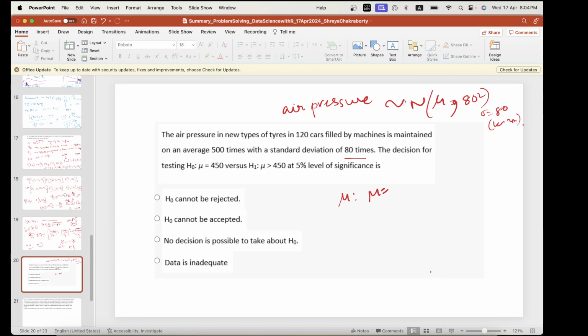No, no. The air pressure in new types of tires in 120 cars filled by machines is maintained on an average of 500 times with a standard deviation of 80 times. So this is not sigma square, this is sigma hat square.